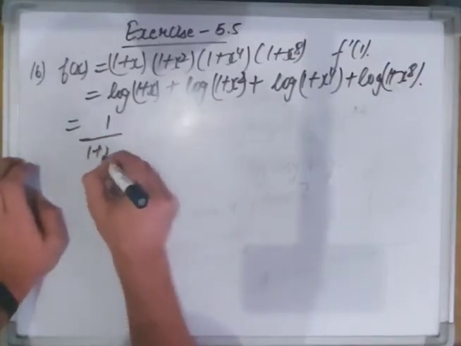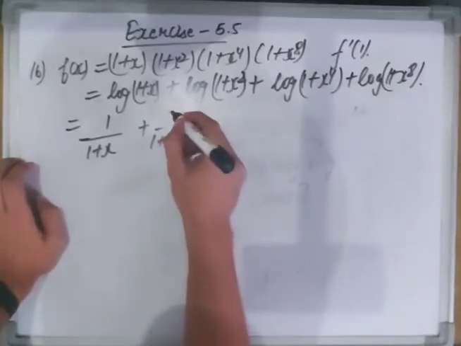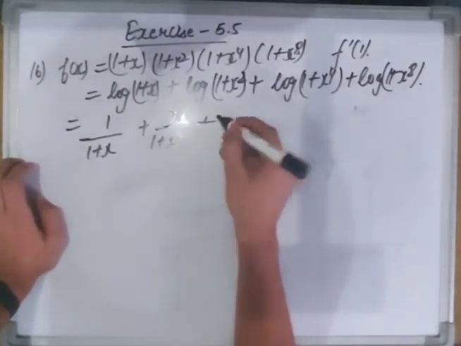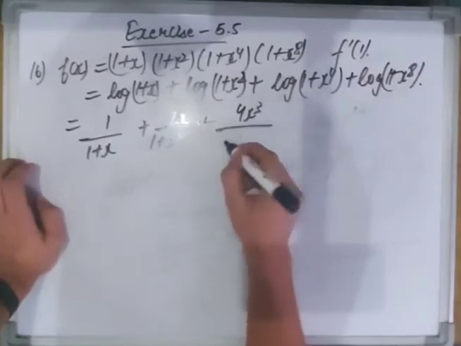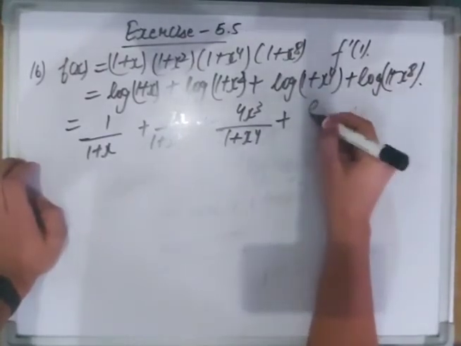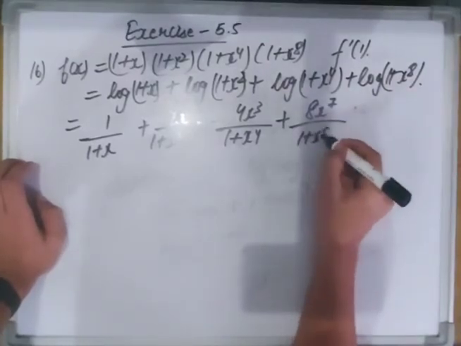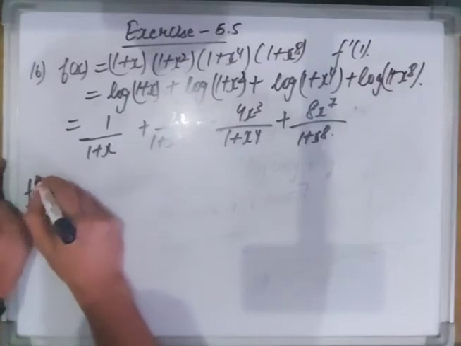1 by (1 plus x) plus 1 upon (1 plus x squared), where the derivative of x squared is 2x, so we get 2x, and here we have 4x cubed upon (1 plus x raised to power 4), and 8x raised to power 7 upon (1 plus x raised to power 8). We need to find the value at 1.